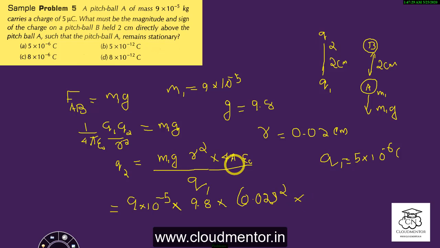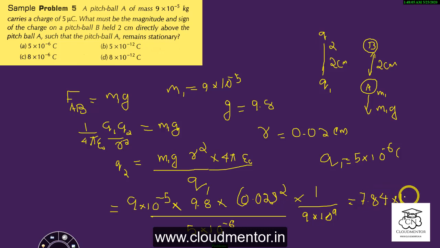And 1 by 4 pi epsilon 0 is 9 multiplied by 10 raised to 9, so that will be equal to 1 by 9 into 10 raised to 9, and that divided by q1, which is 5 into 10 raised to minus 6. So by doing this, the answer comes out to be 7.84 multiplied by 10 raised to minus 12 coulomb.